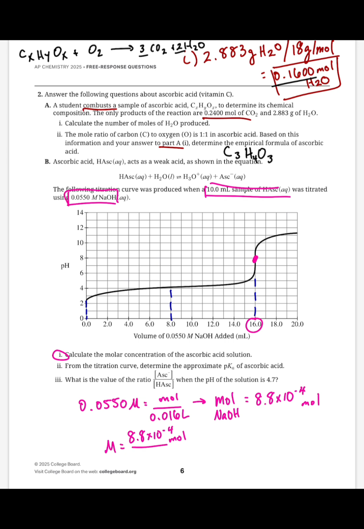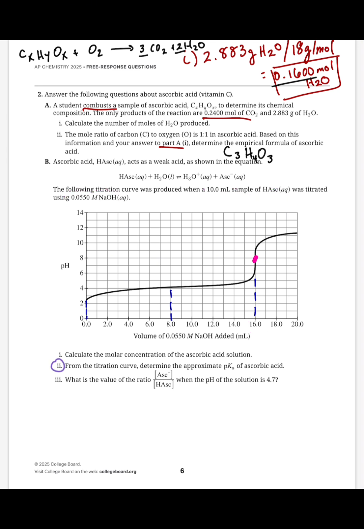We were told that we had a 10 milliliter sample, so that is our denominator here. The molarity of the original ascorbic acid is then going to be 8.8 times 10 to the negative 2 molar.